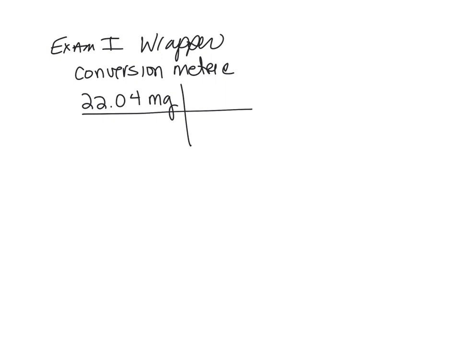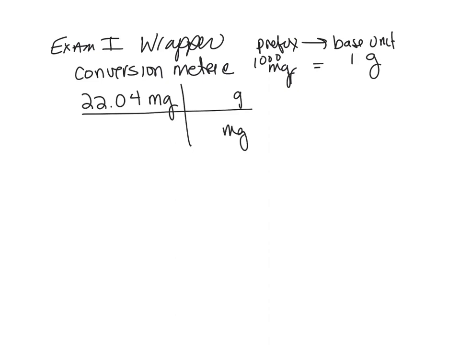What I would do is always go from the prefix to your base unit. Here, the base unit would be gram. So milligram equals the base unit, and milli means 1,000. That's a big number with a small unit and one. So then you put milligram on bottom and gram, 1,000 and one.